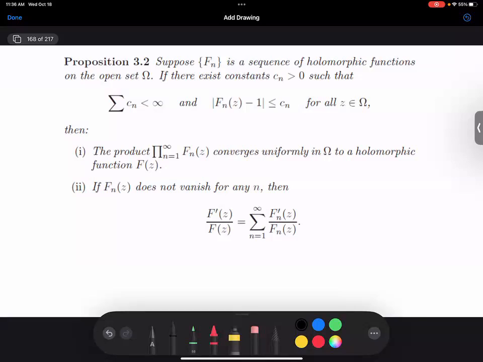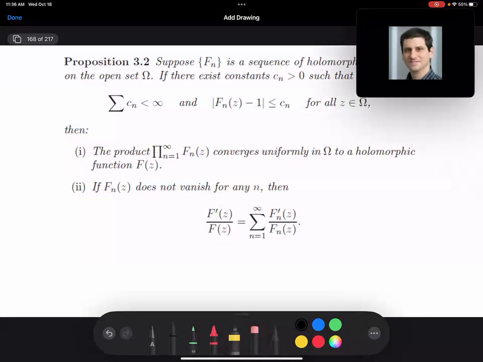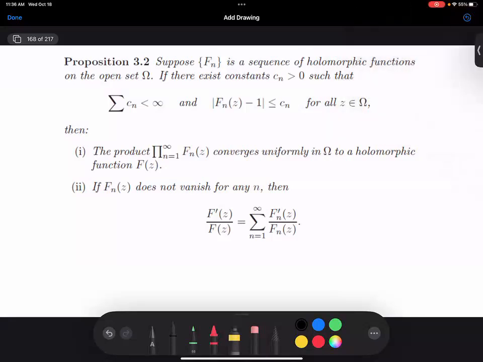So then that means the Fn of z is going to be in absolute value at most 1 plus Cn. Fn of z is bounded. That would mean that the functions would have to be constant. So if omega is all of C, then my functions Fn of z are just constants. That's not very exciting, right? So a lot of times when you look at the conditions, you can immediately get some sense of what's going on. Omega can't be too interesting of a set if I want this to happen.